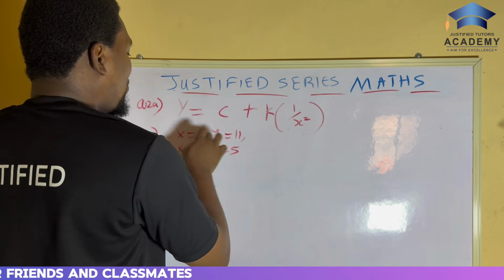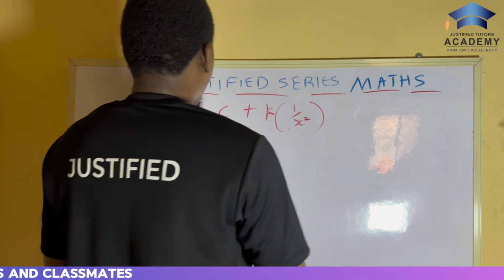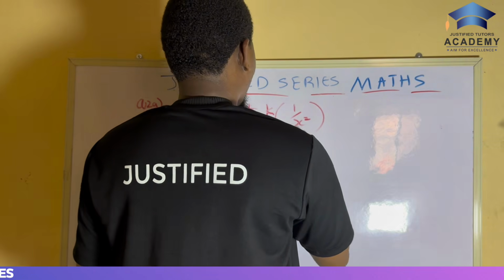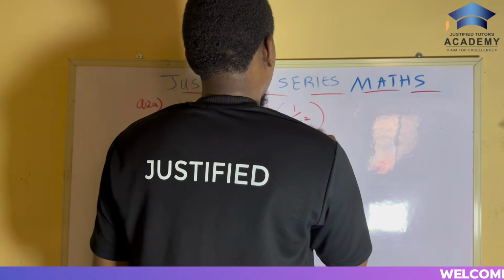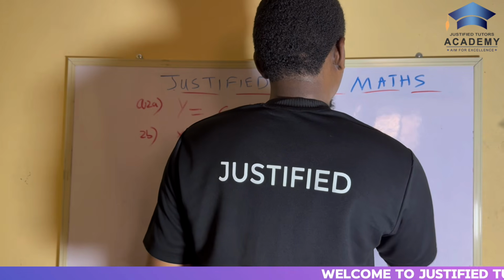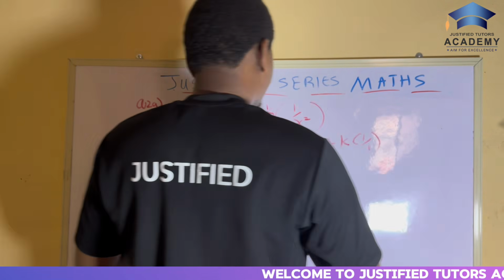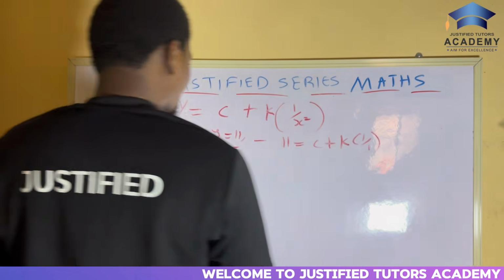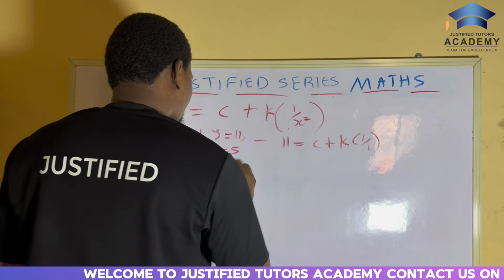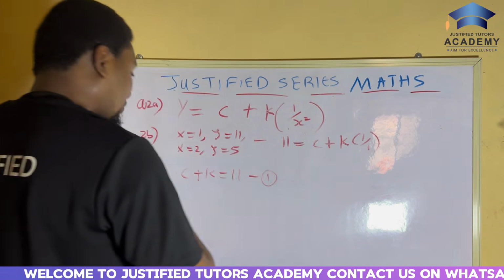When x is 1 and y is 11, our equation is 11 is equal to c plus k times 1 over 1, which gives us c plus k is equal to 11 as equation 1.